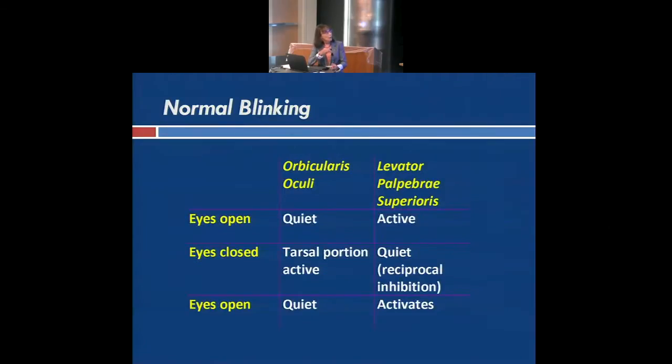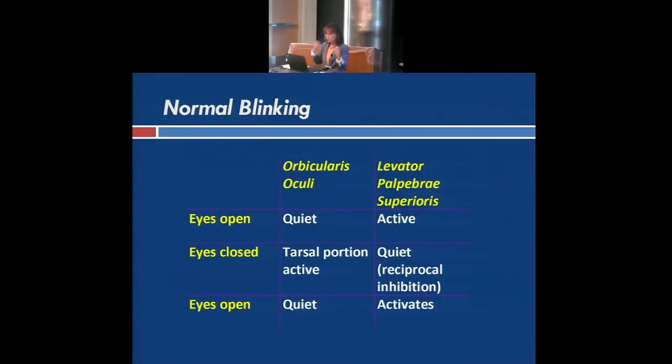When you close your eyes quietly, you have that tarsal portion, the portion along your eyelid, contracting, closing the eye, and you have that levator, that muscle underneath, quiet, inhibited. And we repeat this action over and over and over as we blink normally.